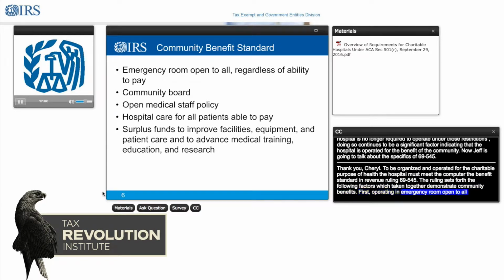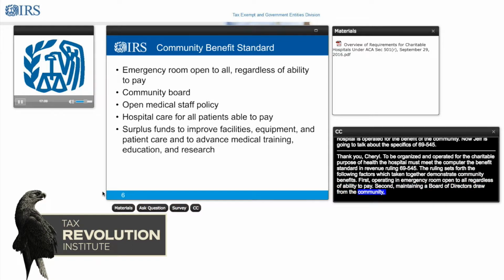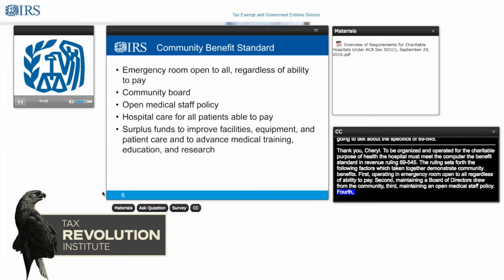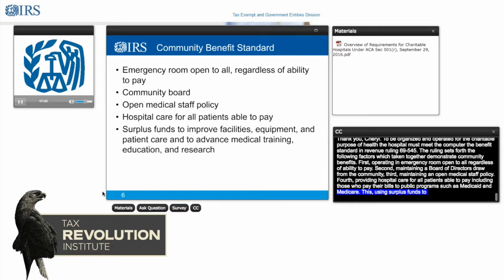Second, maintaining a board of directors drawn from the community. Third, maintaining an open medical staff policy. Fourth, providing hospital care for all patients able to pay, including those who pay their bills through public programs such as Medicaid and Medicare. Fifth, using surplus funds to improve facilities, equipment, and patient care. And lastly, using surplus funds to advance medical training, education, and research.